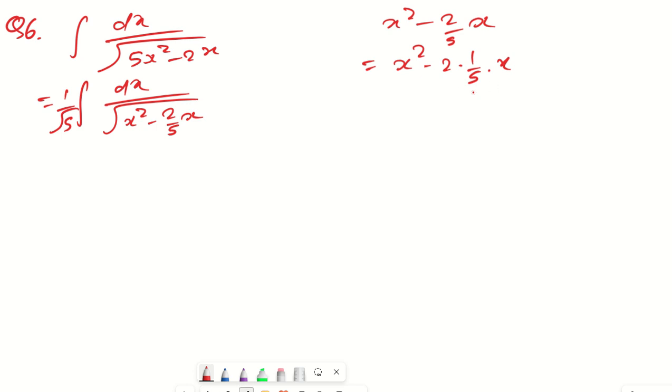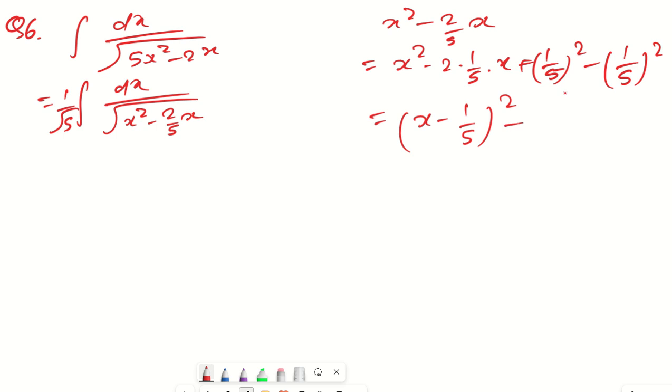Then we need b square, so I can write plus 1 by 5 whole square. We have an extra term, so we have to subtract that so that we can get the original term, right? So minus 1 by 5 whole square. So with this we are going to get x minus 1 by 5 whole square minus 1 by 5 whole square.